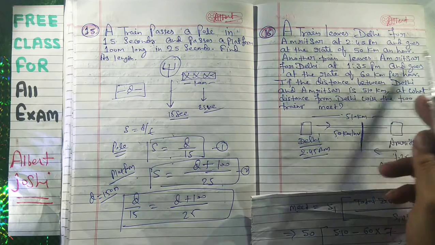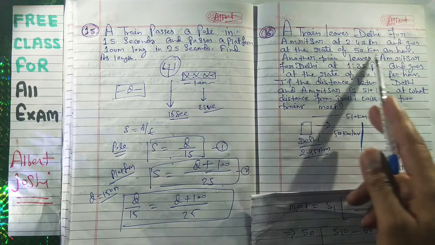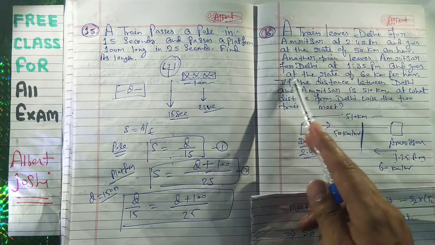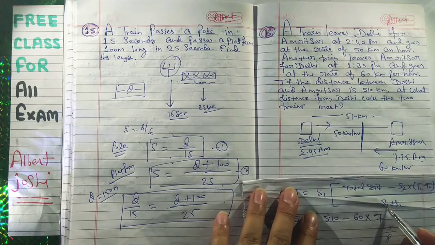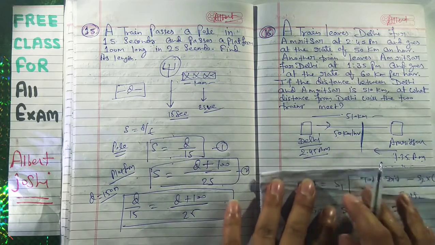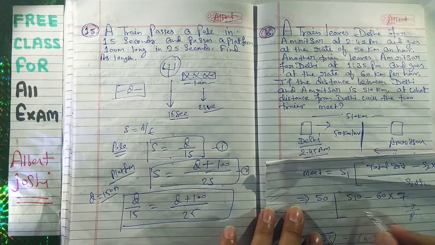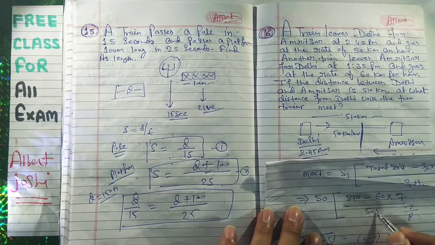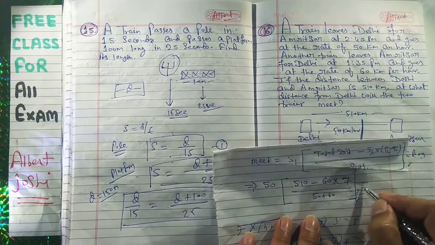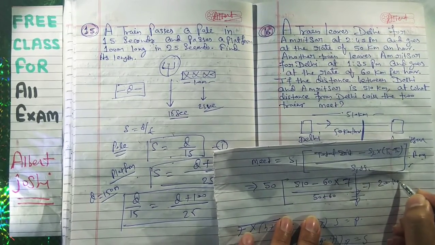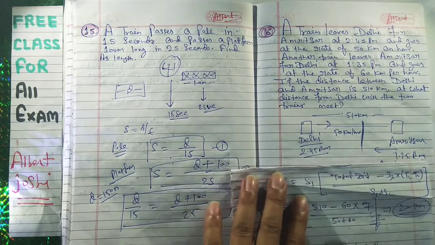This is 2:45 p.m. and it is 1:35 p.m. Then the speeds S1 and S2: 50 plus 60. Okay, if you calculate, you will get the result, that will be 200 km. Okay, I think you understand.